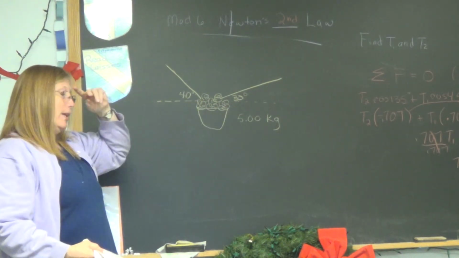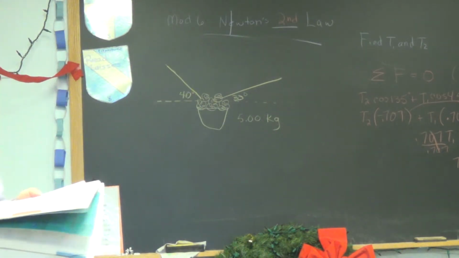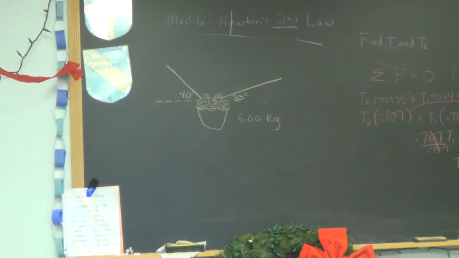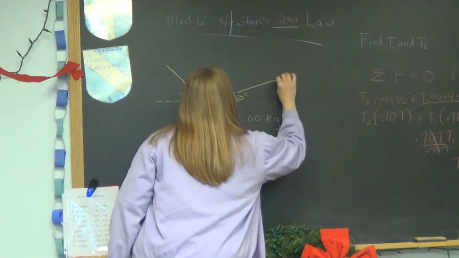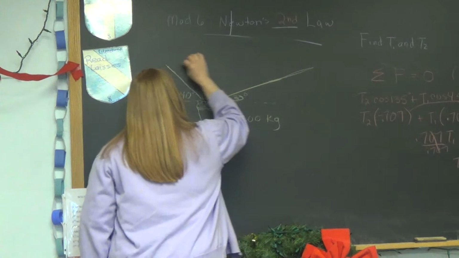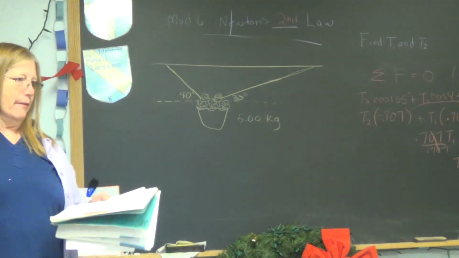I just put them in to show you the angles. They do not exist in the view of the flower pot. All right, so let me extend this. I'll put a ceiling. Say it's like a porch rafter or something that we're suspending it from.